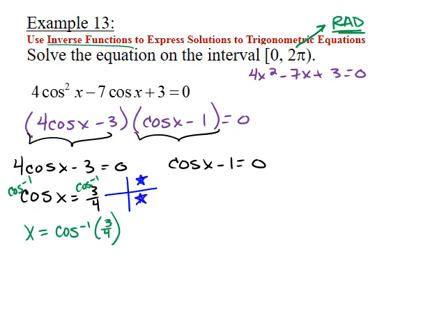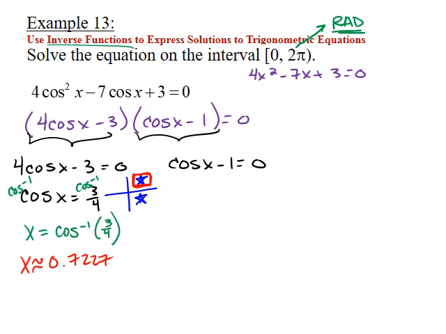However, your calculator's cos inverse will only give you one of these answers, the one in the first quadrant. So if you do that in your calculator, you will find that x is approximately 0.7227. Okay, that is the first one.